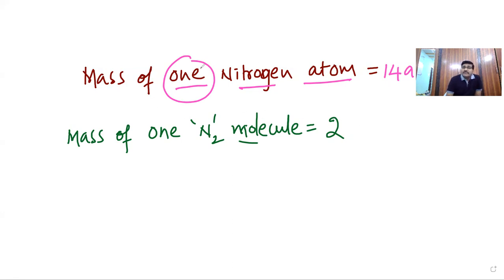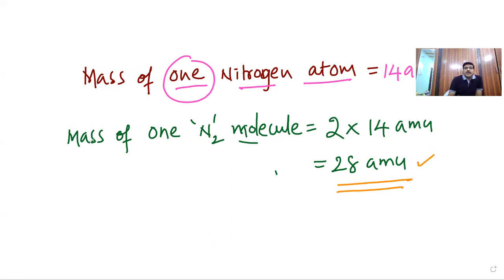So 2 into 14 AMU, that is 28 atomic mass units. Mass of one nitrogen molecule is 28 atomic mass units.